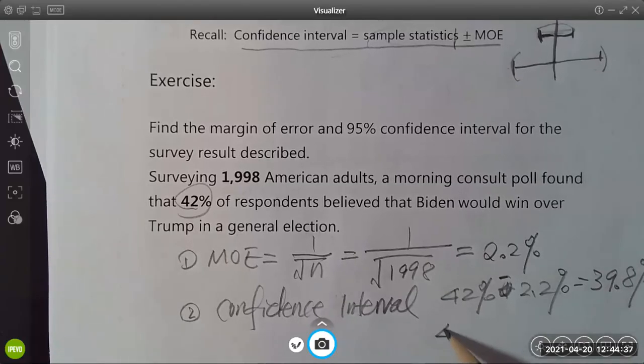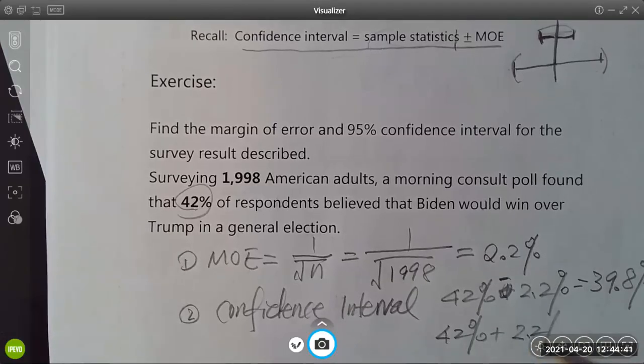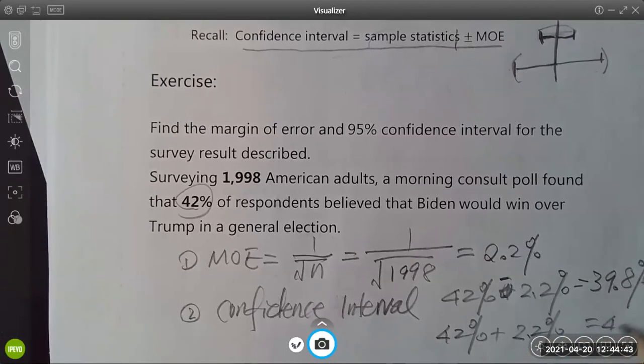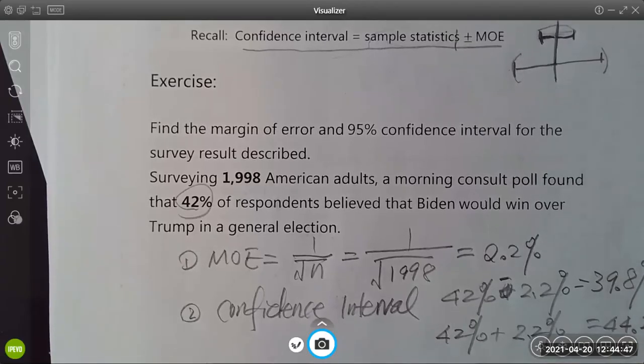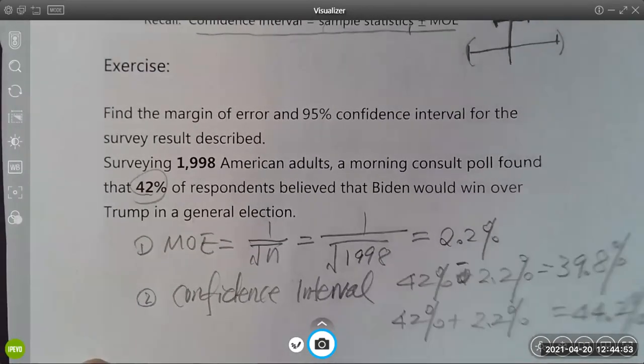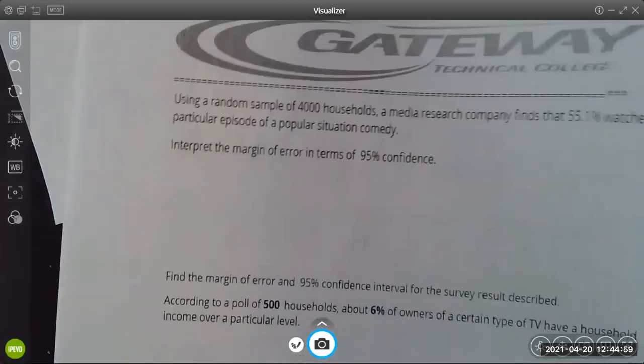And then 42% plus 2.2% is 44.2%. So that's our interval from here to here. Now we finish that. Now look at the next page, and it looks like we have 3 more questions here.